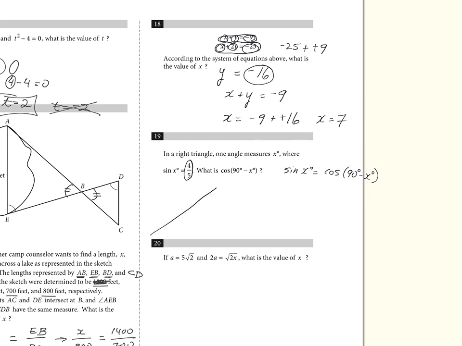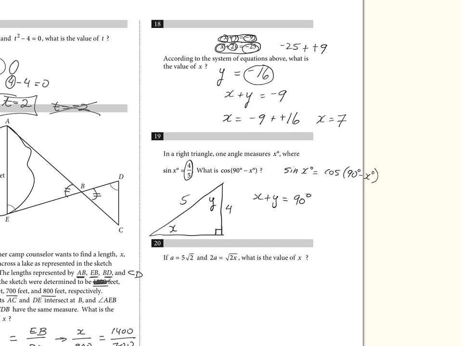You can always draw a triangle, and you can call this x. And if the sine of x is 4/5, that means this is 4, and that's 5. And we call this y. We know that x plus y is equal to 90 degrees, because this is a right triangle.